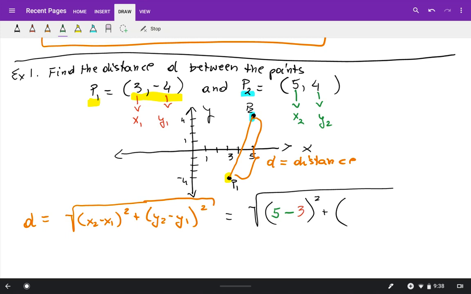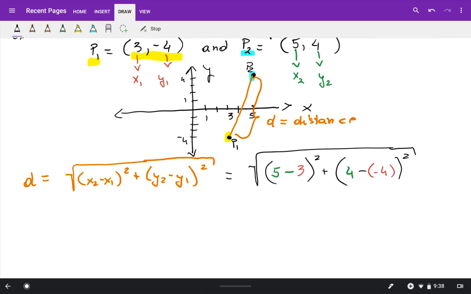So y2 is 4 minus y1, which is -4, close parenthesis, and square it. So this is how the distance formula looks.